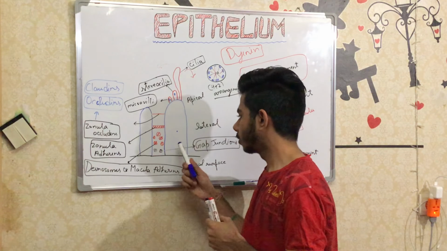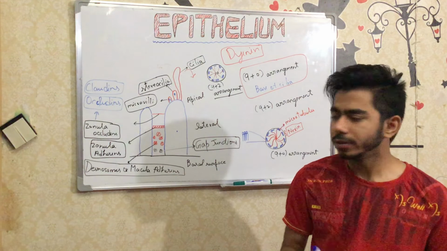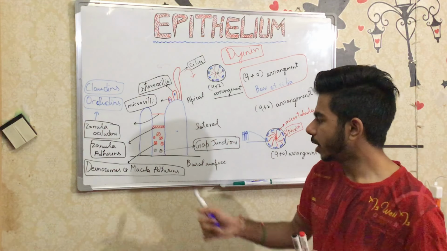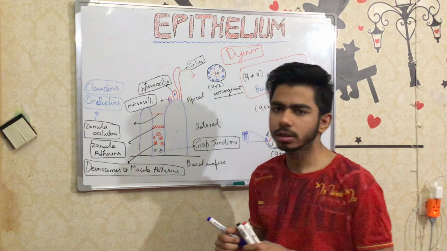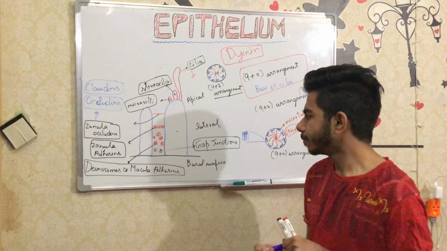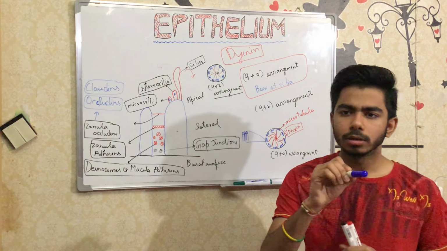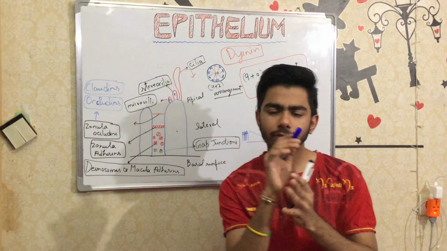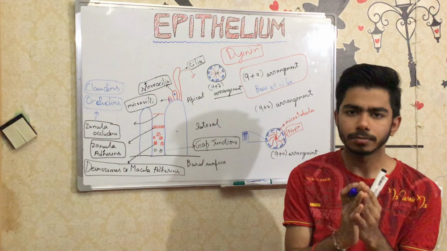Also, in desmosomes, there are some proteins which help them bind to each other, and the gap junctions work with the help of some proteins, for example connexons. Actually, in the circular portion there are five connexins, which together make connexons.